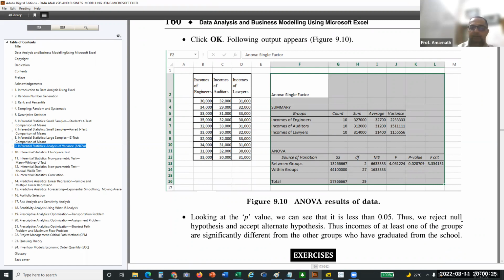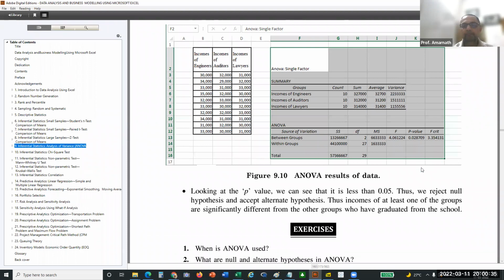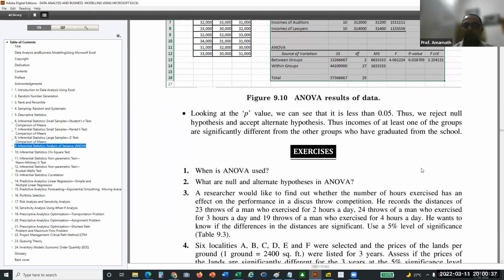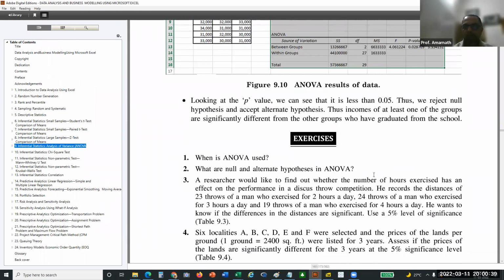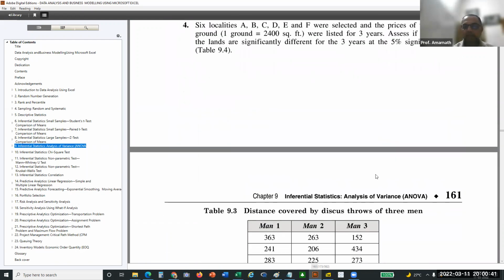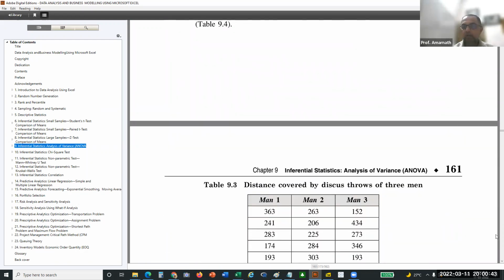So there is a difference. At least one of them really subtly differs from the other. There are very good examples here, so you can try it out.